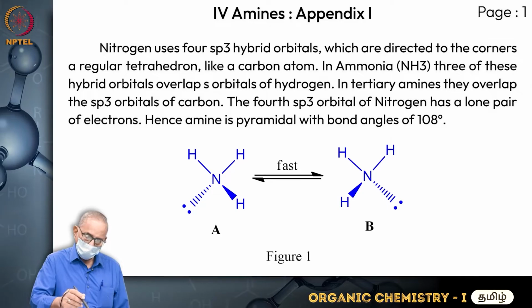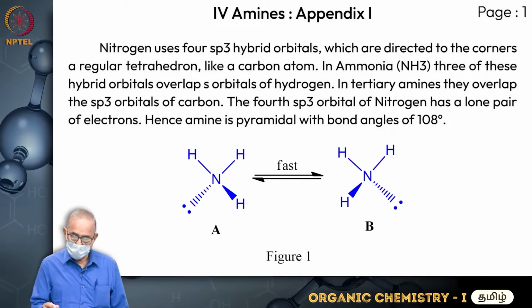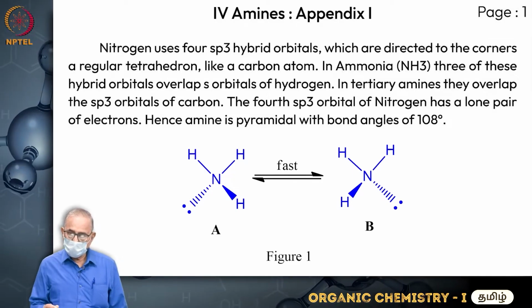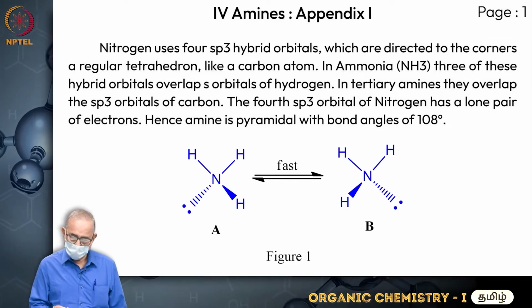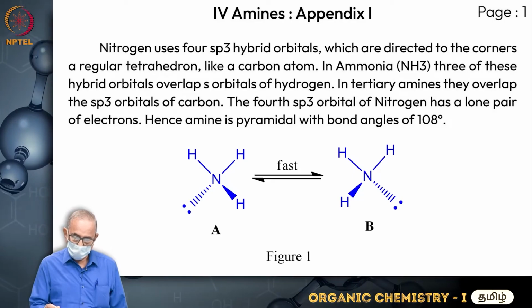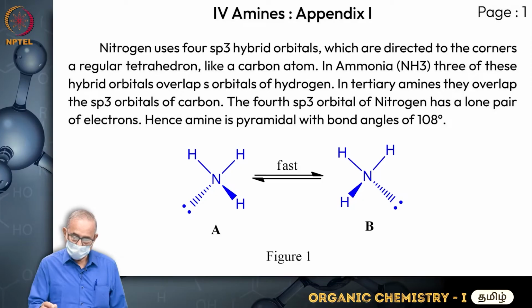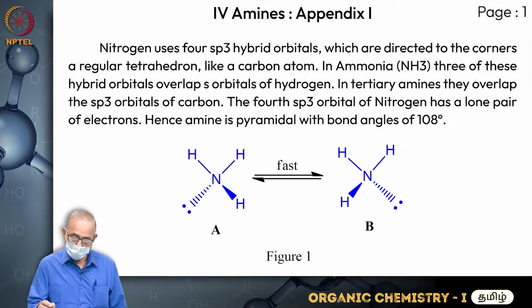This is a pyramidal compound, and this undergoes very fast exchange between the 2 pyramidal structures, in which I have written the 2 structures. Here the hydrogen is coming forward, and this hydrogen is above and this hydrogen is below.